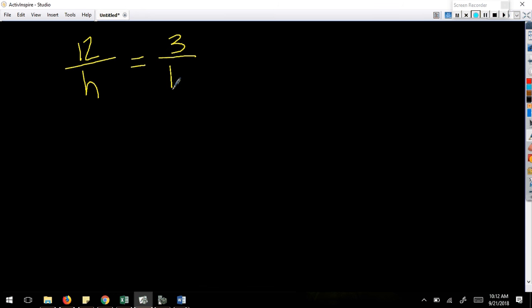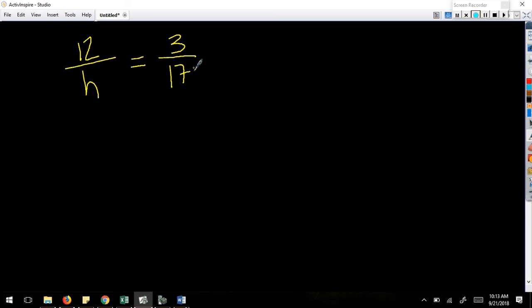All right, here's my proportion. I know it's a proportion because there are two ratios set equal to each other. So whenever I have a proportion that I need to solve, I cross multiply. It doesn't matter which one you do first.